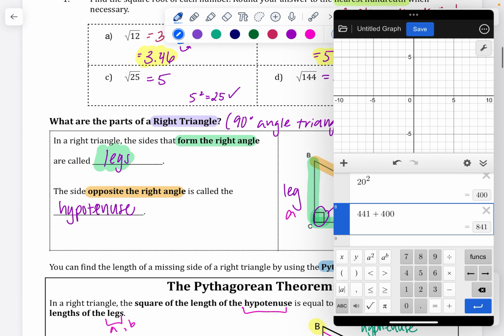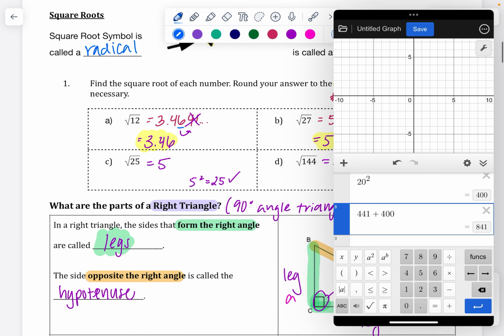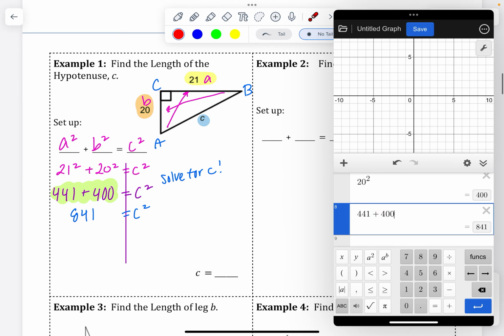Right, just like I said before when we were doing radicals, a radical is the opposite of squaring. So when we have squaring, we want to go ahead and take the radical. We want to take what is called the square root, right?